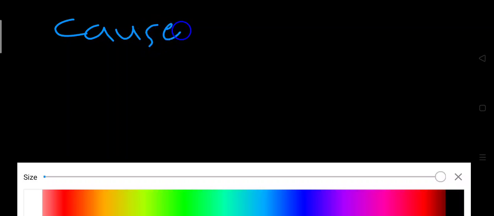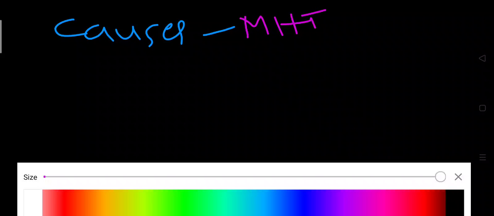So this is hyperplastic arteriosclerosis. Now its causes. The first cause is malignant hypertension. It is most commonly associated with malignant hypertension. The next cause is HUS, that is hemolytic uremic syndrome.